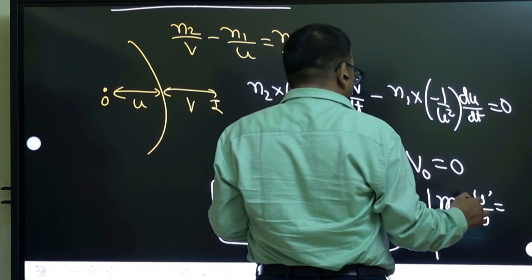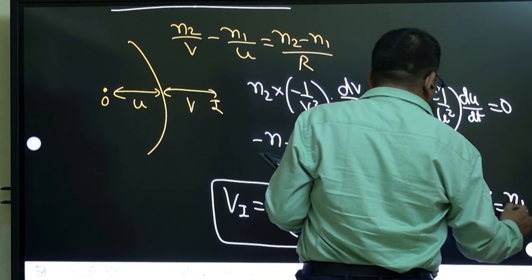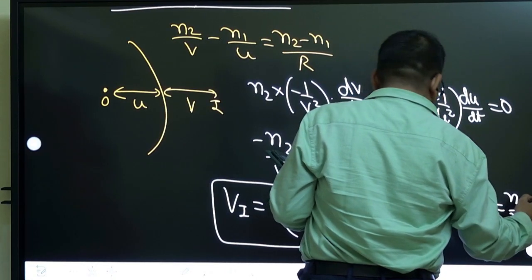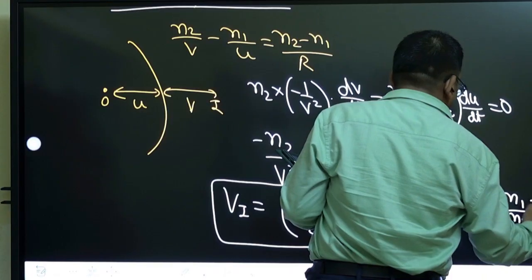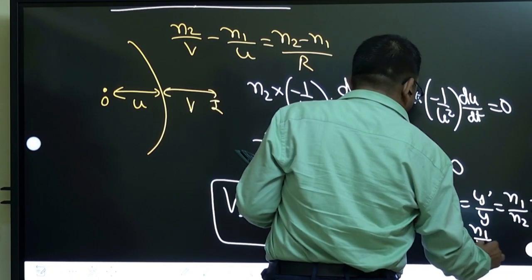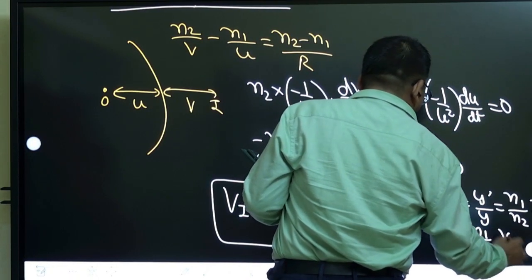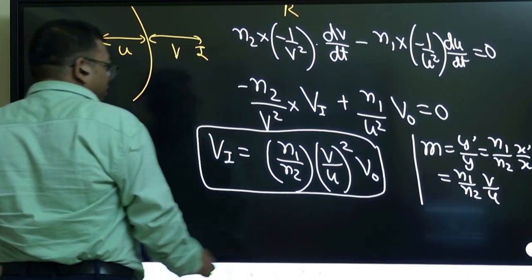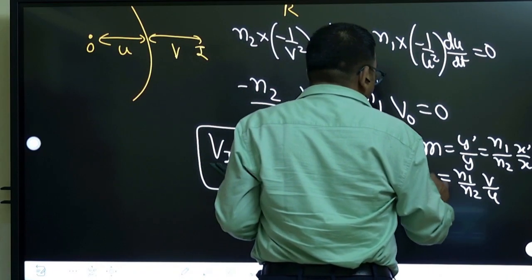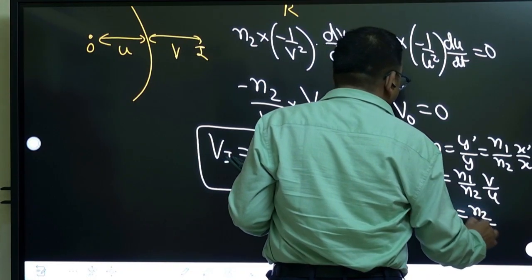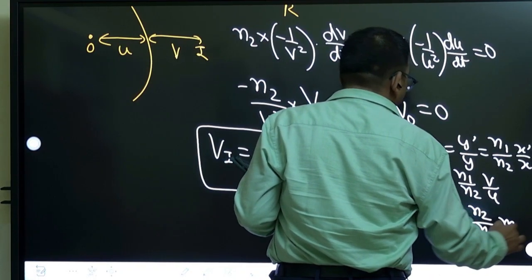That magnification is n1 by n2 into x dash by x, which is like v by u. So this is n1 by n2 into v by u. That is what it is. Right. So from here they define this v by u term as n2 by n1 into m.